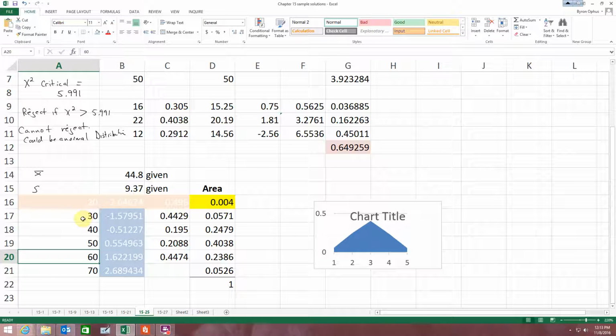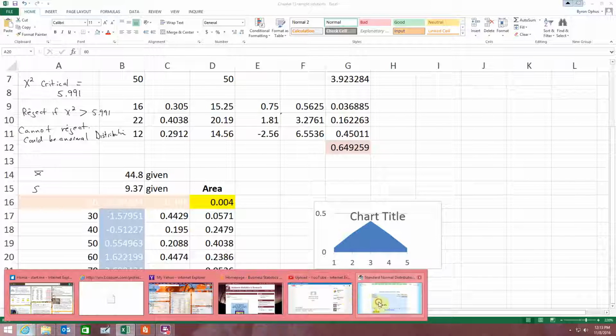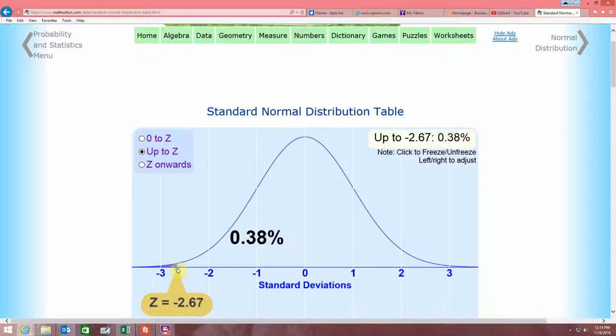So I've got a 30, and up to 30 is a minus 1.58, let's call it. So I come here, and I'm just looking for a z of 1.58. Boom.